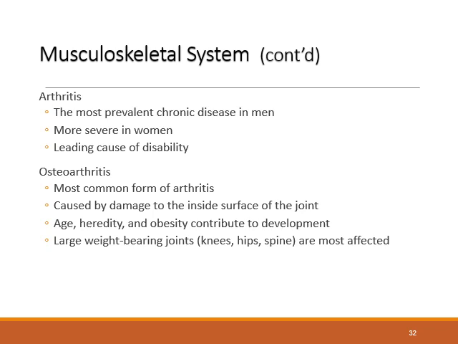It's caused by damage to the inside surface of the joint. Age, heredity, and obesity contribute to development of osteoarthritis. And remember that those large weight-bearing joints like knees, hips, spine, those are usually the ones that are most affected by osteoarthritis.